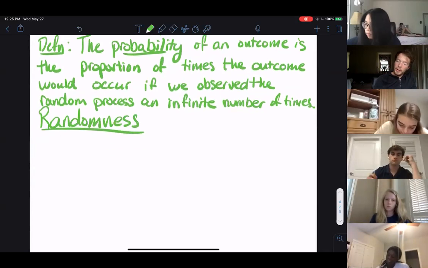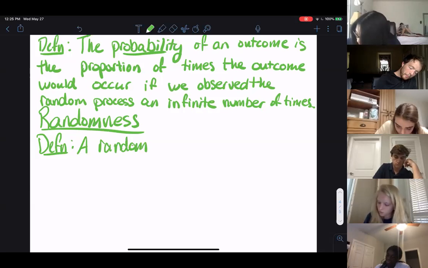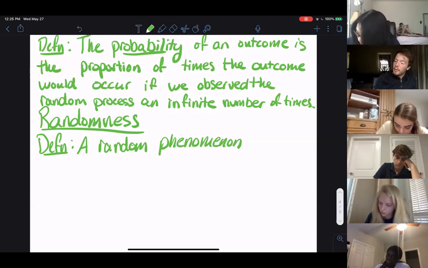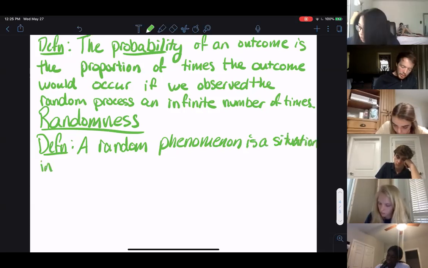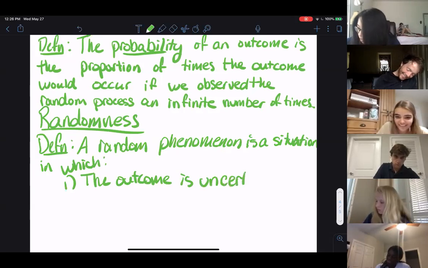So let's talk about randomness. A random phenomenon is a situation in which, one, the outcome is uncertain. Did I say certain? That's funny. Uncertain.